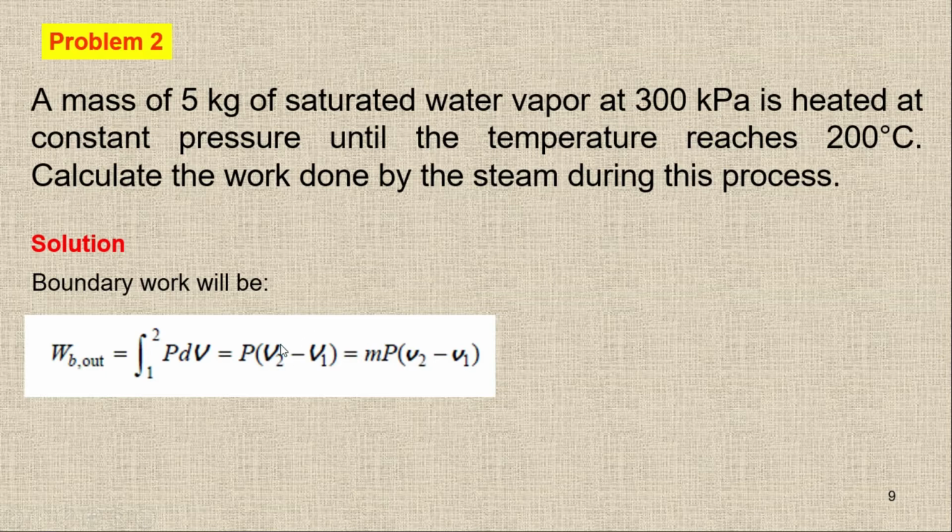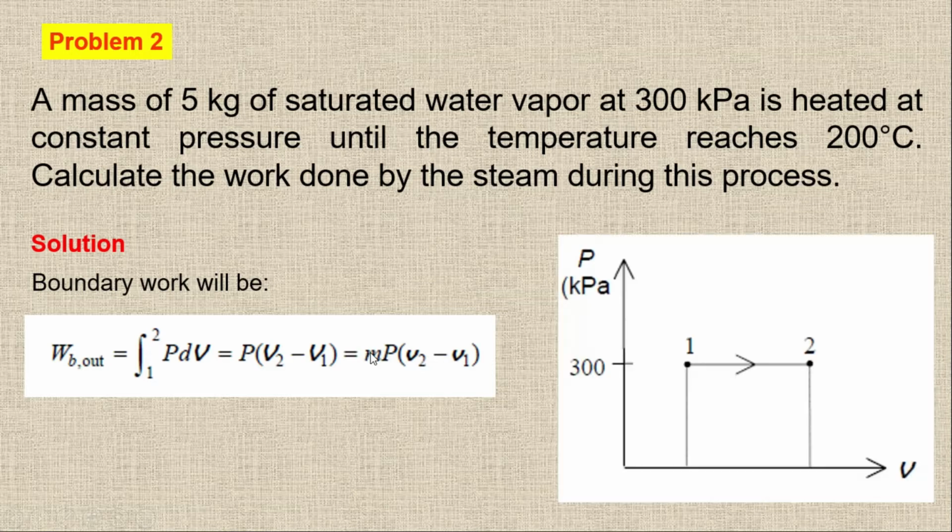So capital V will be equal to m times small v. In the same way, V1 will be equal to m times the specific v1. So I can replace this capital V by small v and multiply with the mass.